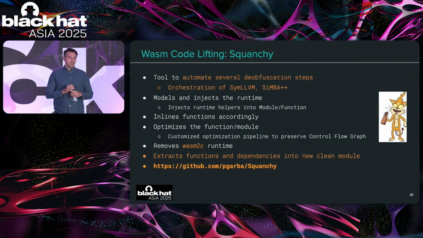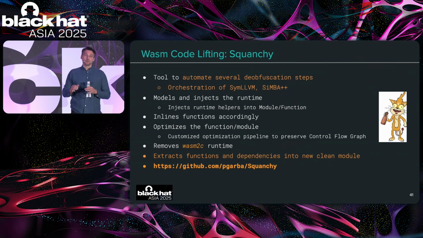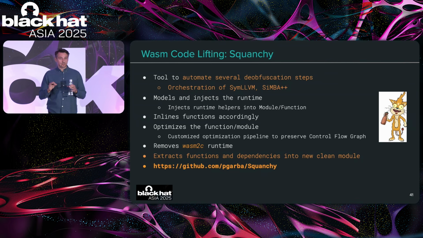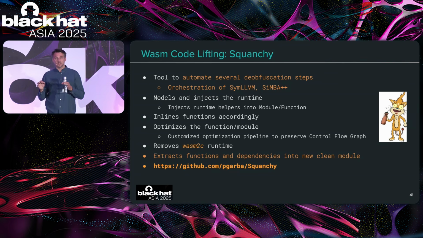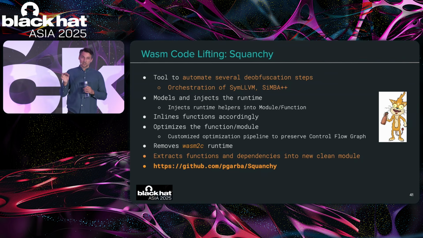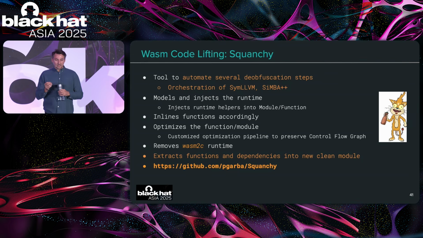So what is Squanchy? Squanchy is a tool to automate several deobfuscation steps. It does the orchestration of third-party tools like SimLLVM or Simba++. It's there to model and inject the runtime into the function you would like to deobfuscate. It inlines all the dependencies accordingly into the function that we want to deobfuscate. And it optimizes the function and model.